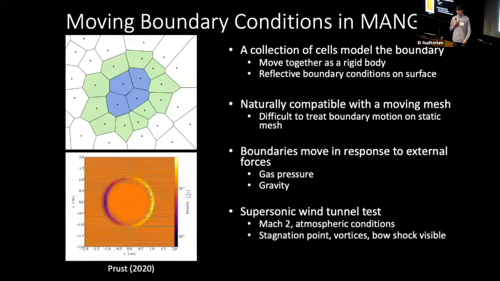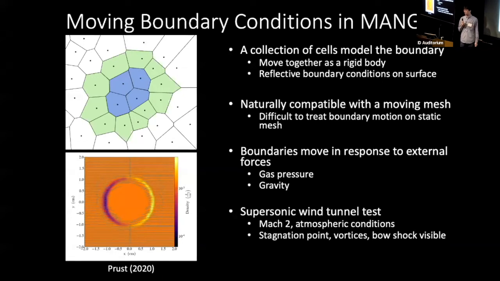So how we do this in MANGA, this is implemented, is we take a bunch of those Voronoi cells that we saw earlier. Instead of letting them freely flow past each other as the gas moves, we take a region of them and basically glue them together and say, okay, you are now a ball, you're a solid object, you have reflected boundary conditions on your surface, so no gas can enter or leave you, and you will all move together as a rigid body.